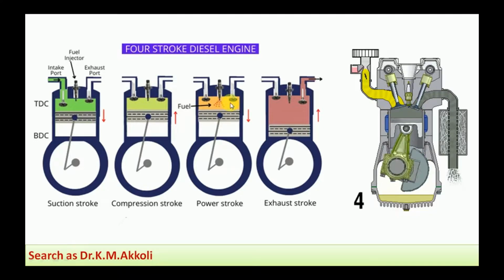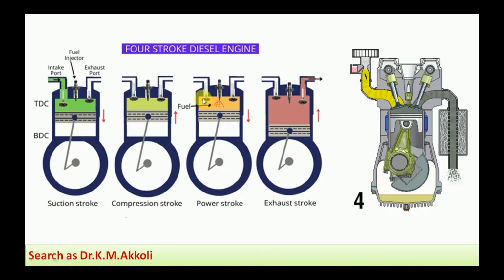Due to the combustion of the diesel, the burnt flue gases develop a higher pressure. Due to that pressure there is a force, and that force pushes the piston in the downward direction. That is the power stroke.